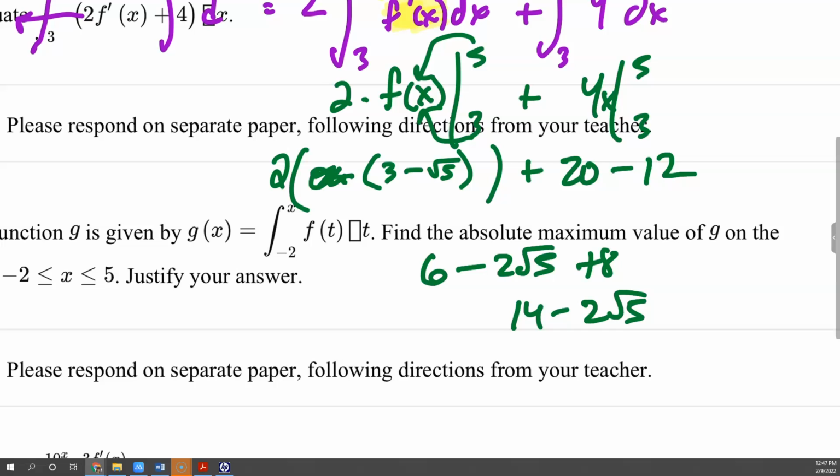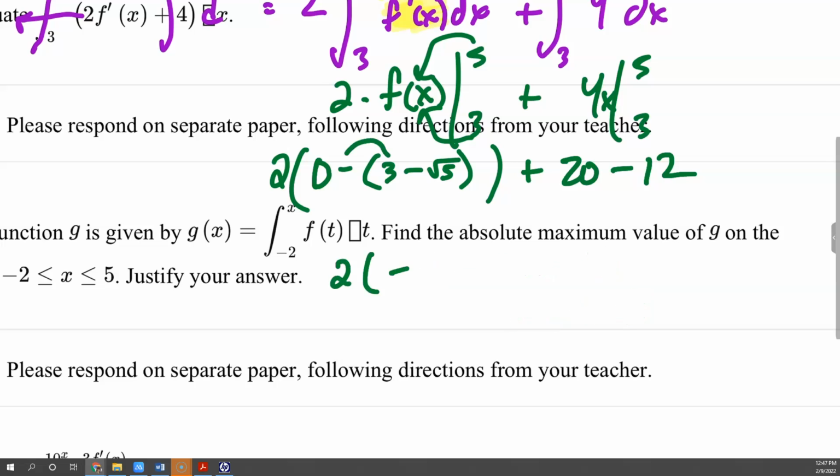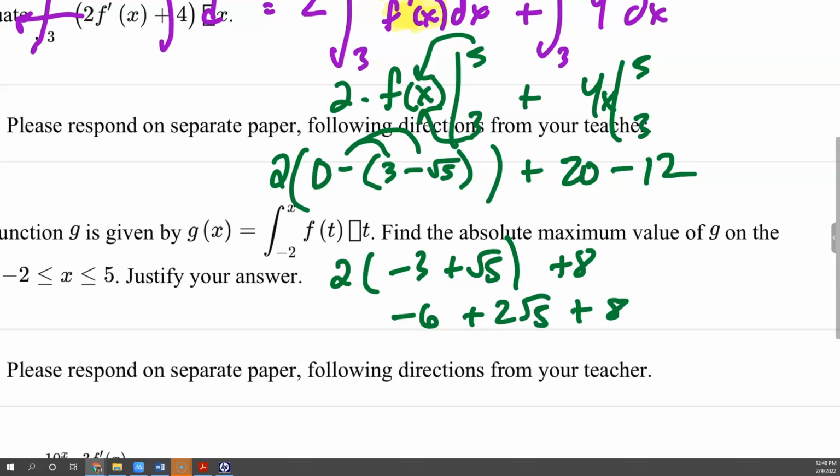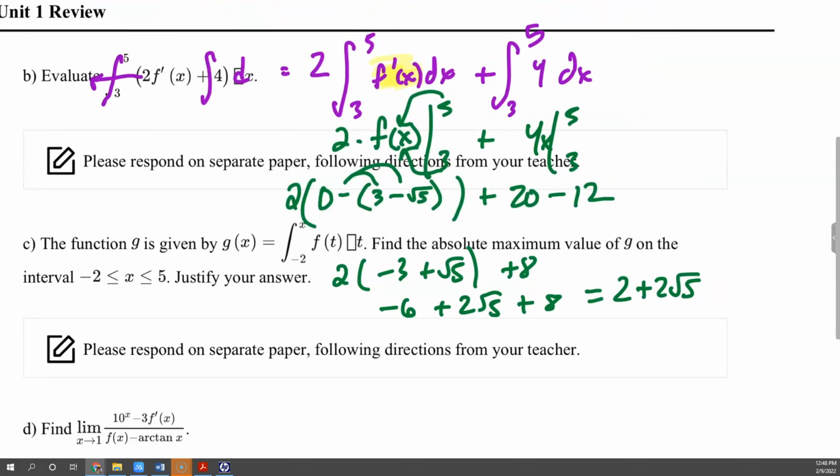Oh, I didn't distribute my negative like I just yelled at you guys about. How dare I? So it's negative 3 plus rad 5, so it's negative 6 plus 2 rad 5 plus 8. So it's 2, not 8: 2 plus 2 rad 5. See, that's why I don't like to simplify, because I mess up. All right, that was a cool one.